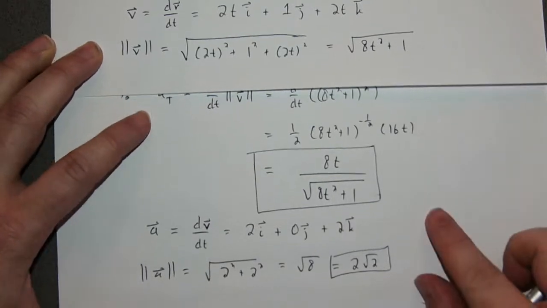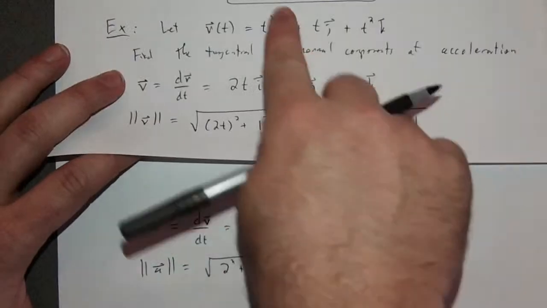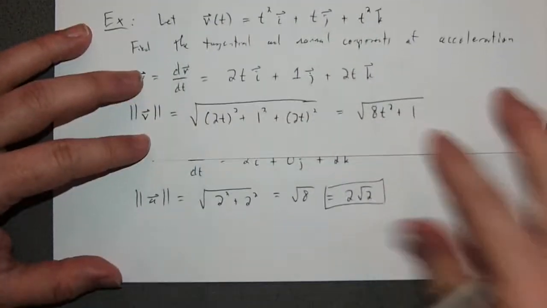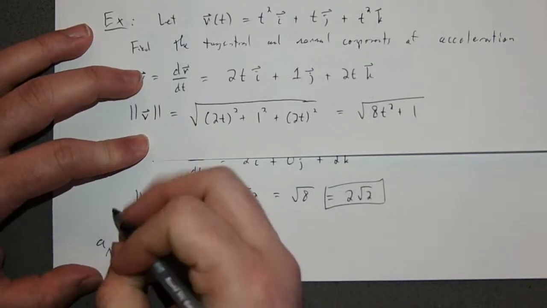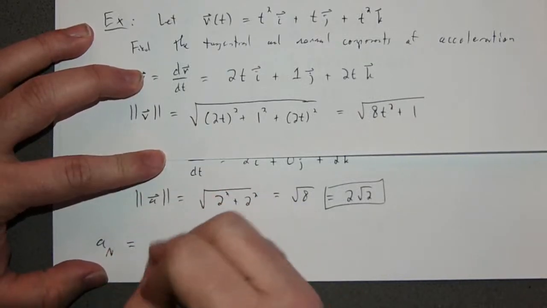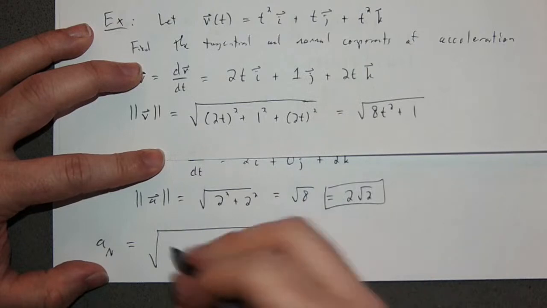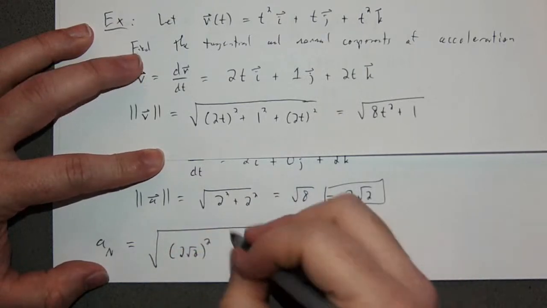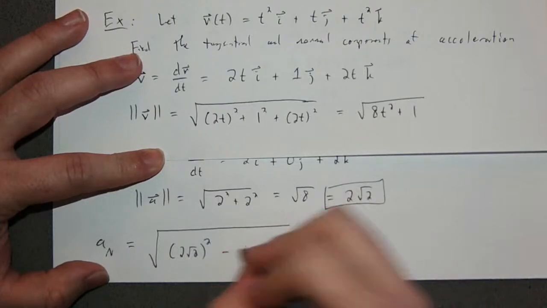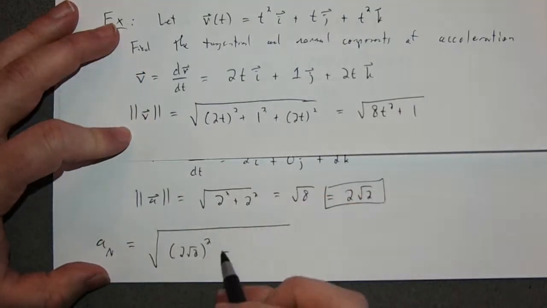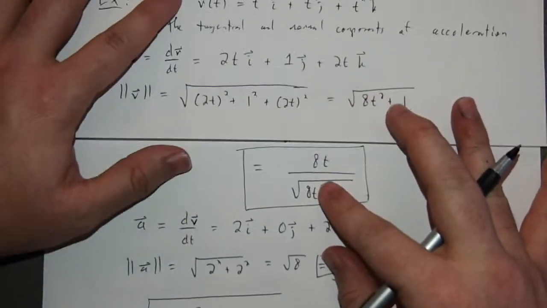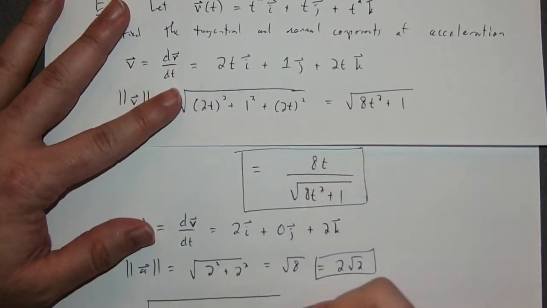And so what is my normal component of acceleration? Using this fact here, my normal component of acceleration is the square root of the length of a, so that's (2 root 2) squared, minus the tangential component squared, which I found to be 8t over root 8t squared plus 1.